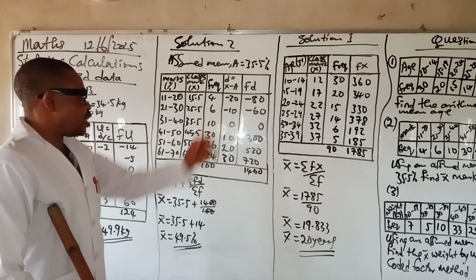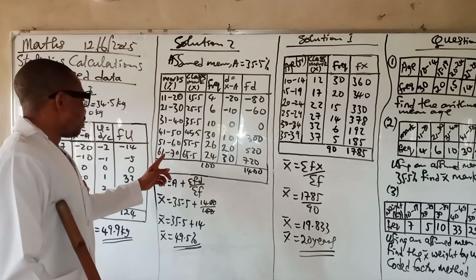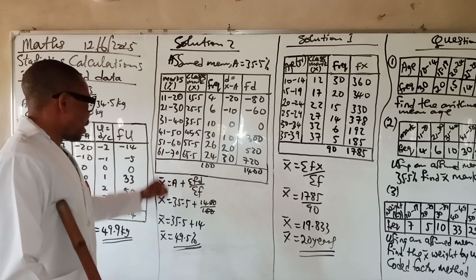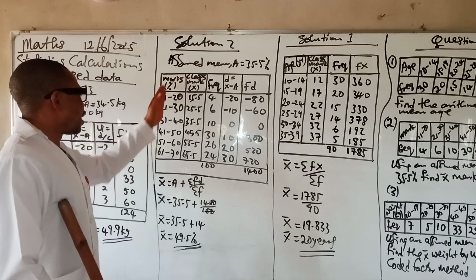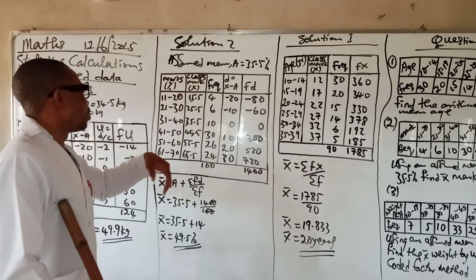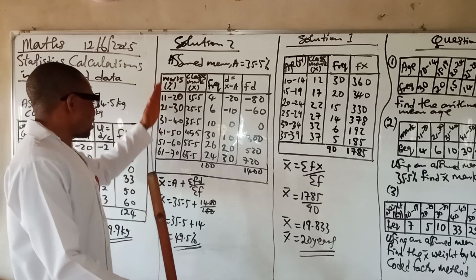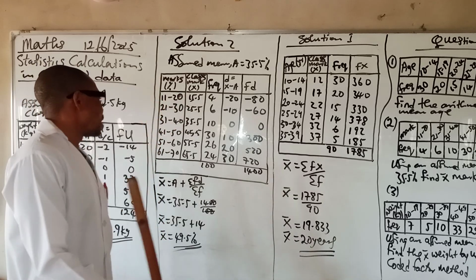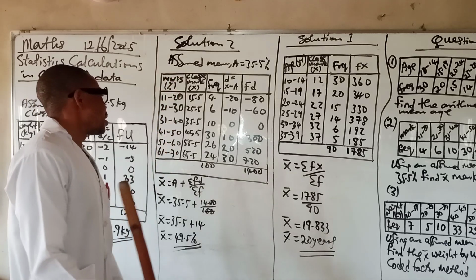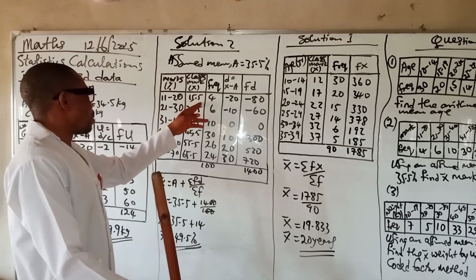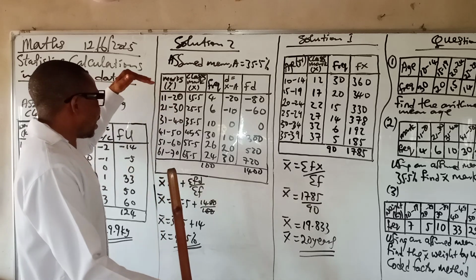As I explained in the question, we have them from 11 to 20 till we have 61 to 70. Good. So we now have the next column after the class interval. We have the class mark, which is obtained from the lower class limit and the upper class limit in each class interval.